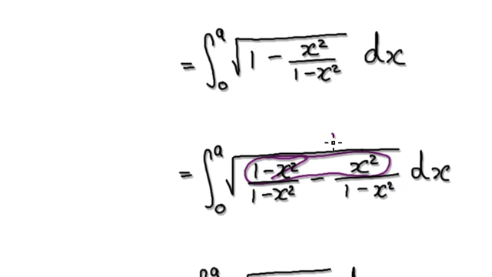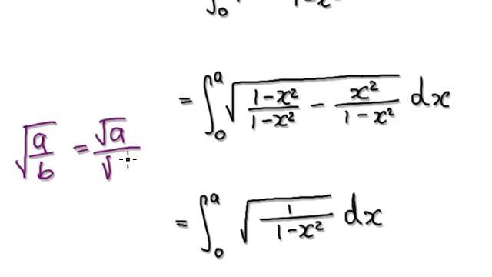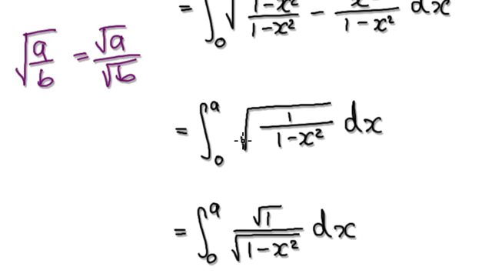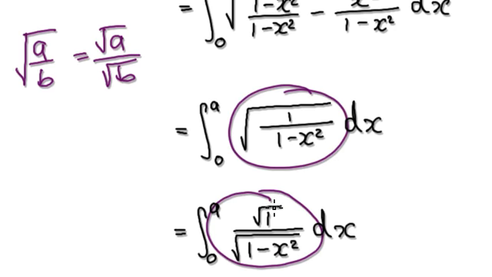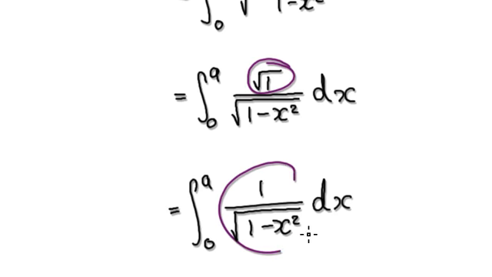And then here you've got a minus, and here you've got another minus, so they cancel each other out, giving you this. Okay, so now tidy this up. Remember, if you square root a over b, that's the same as the square root of a over the square root of b. So from here, that will take you to this. Well, the square root of 1 is 1, so it simplifies to this.